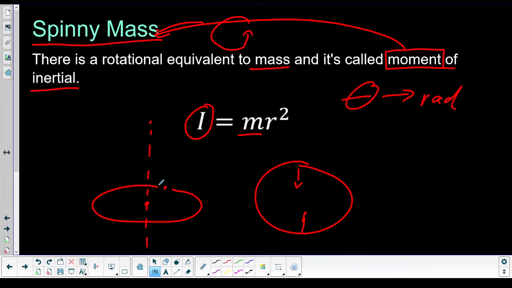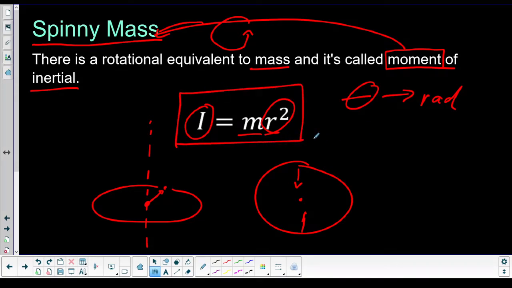It's right in the center, and this thing is going to circle around this point. Basically, this is the center of the circle, and it spins around this invisible line. Okay. This distance from the center of the circle to your thing is that r. That's what we're talking about. So it's from the axis of rotation to the mass. This is for point masses.